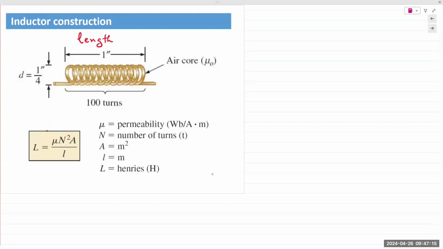It's a spiral coil made out of some metal, and every turn or loop is counted as a turn. That number of turns is stated by N.